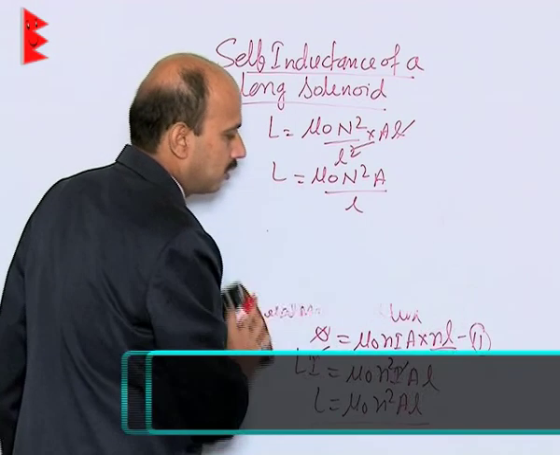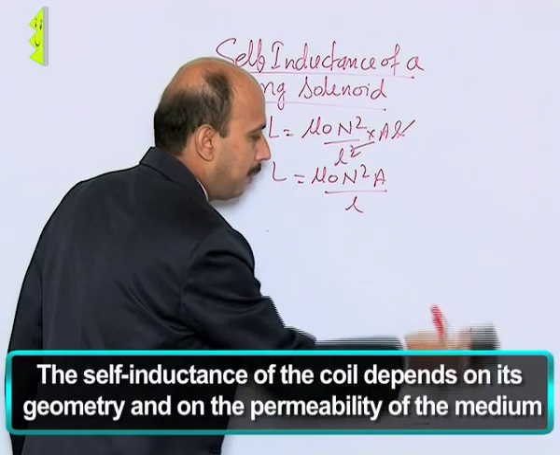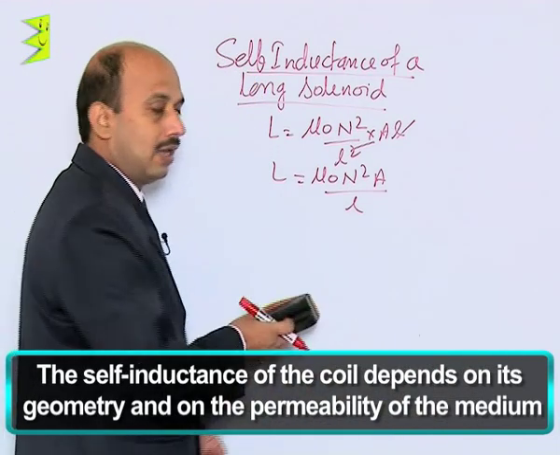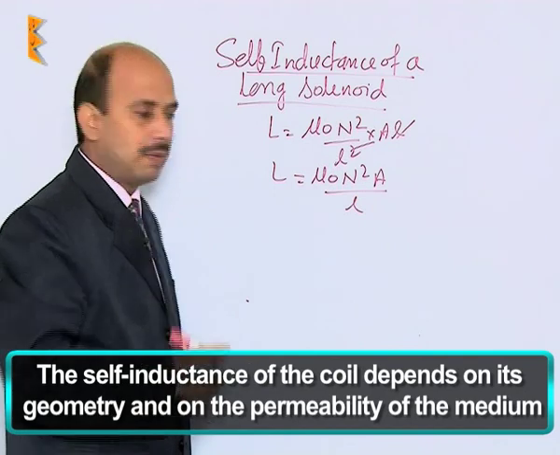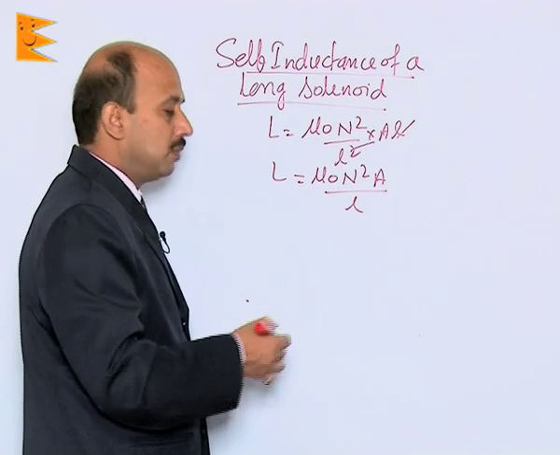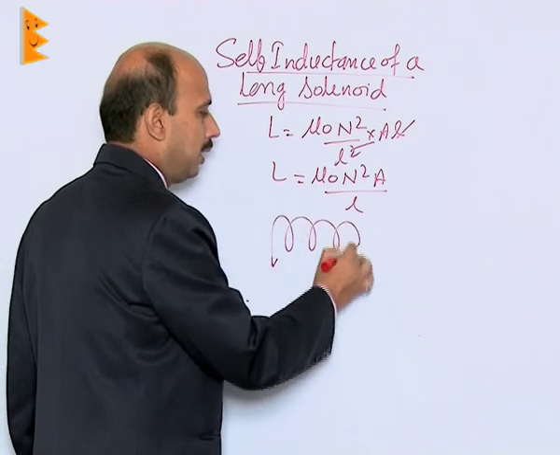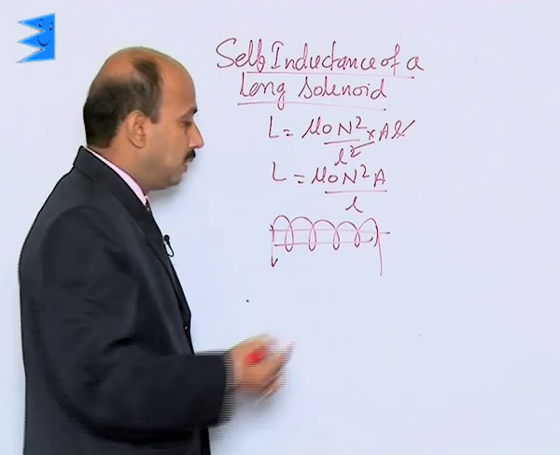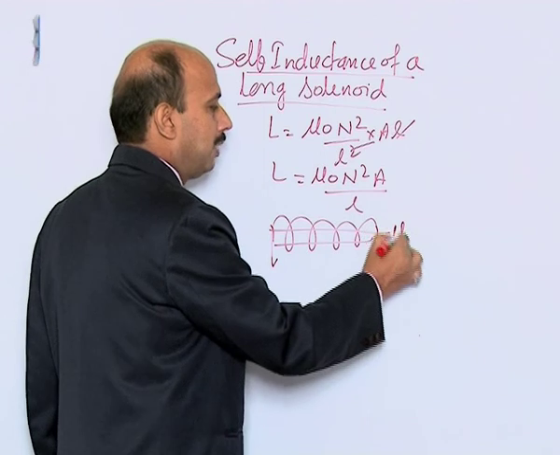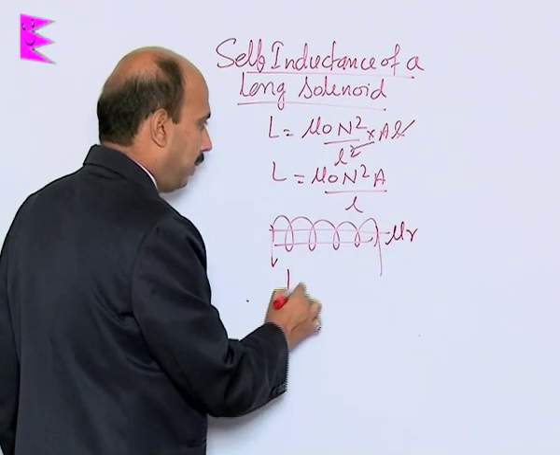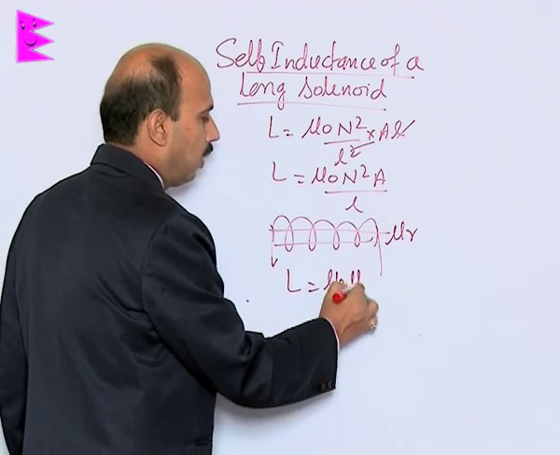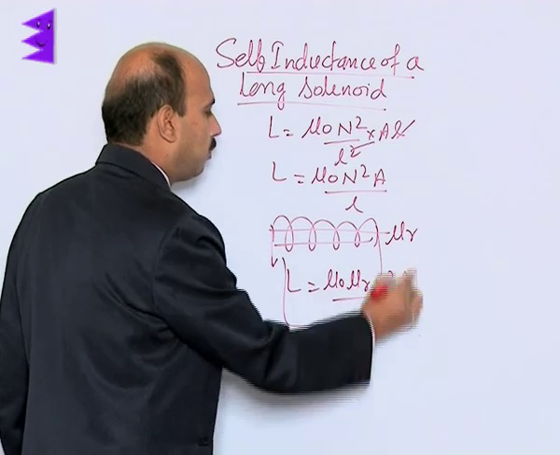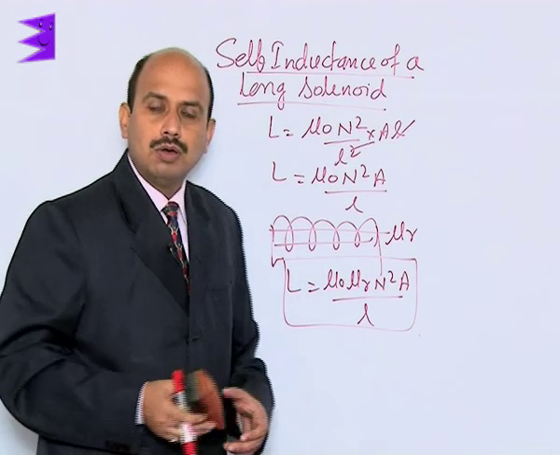Also see here, the self inductance of the solenoid depends on the geometry of the coil, that is the number of turns, area and length, as well as magnetic permeability. If you place soft iron inside the solenoid, which has relative permeability mu r, then L will become mu naught mu r N square A upon L. So this is the formula for the self inductance of a long solenoid.